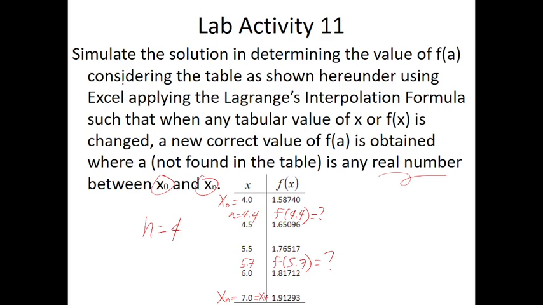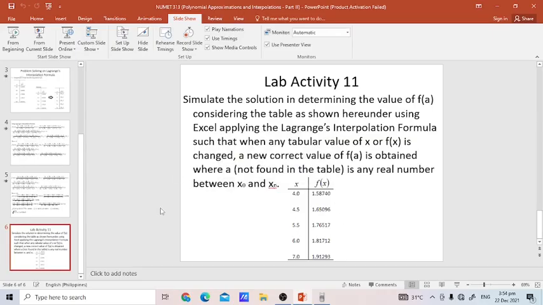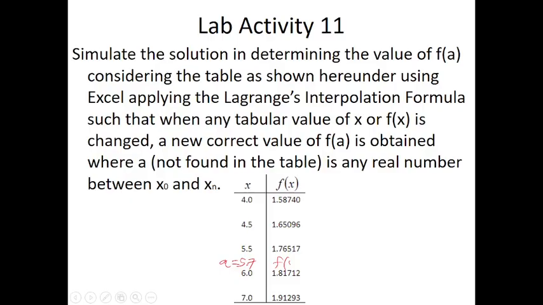That is your goal. If I change the value of a, let's say to 5.7, I should also have a correct value. That is my objective.